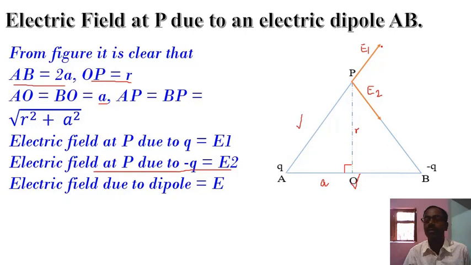For this we complete the parallelogram, and this is E. So E is the resultant of E1 and E2. Therefore, E is the electric field at P due to the dipole.